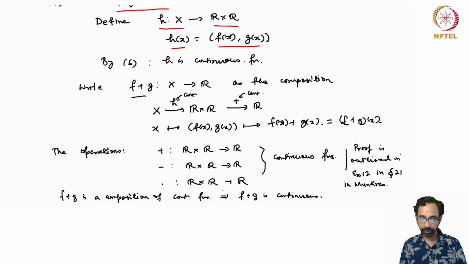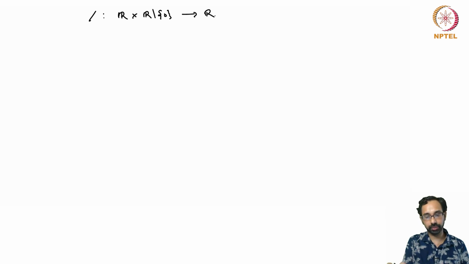Now the only remaining part is the division operation, and here we use the fact that the division operation from R cross R minus 0, we have to remove 0 because division by 0 is not allowed, is also continuous.